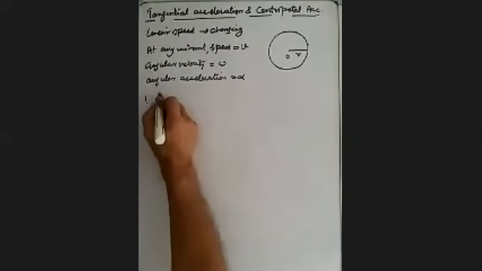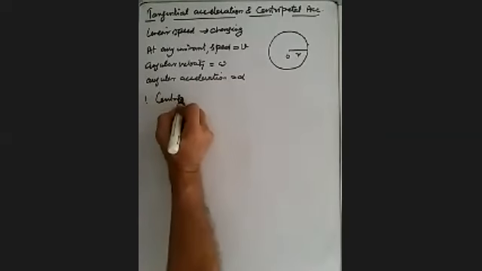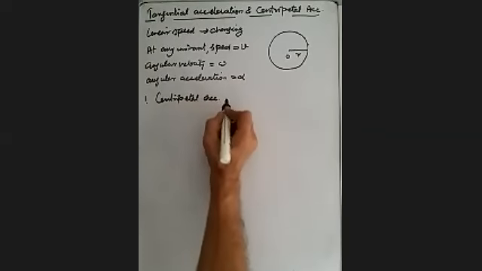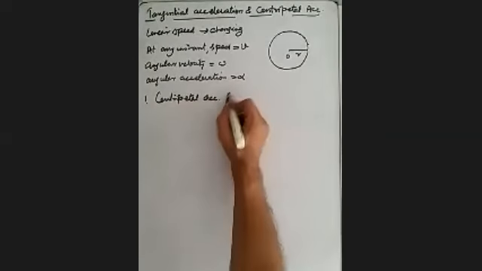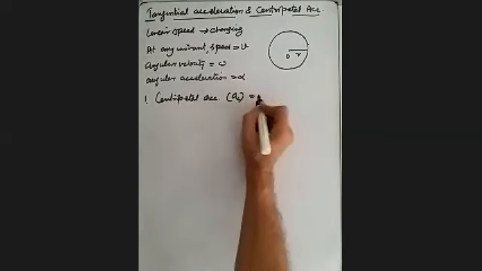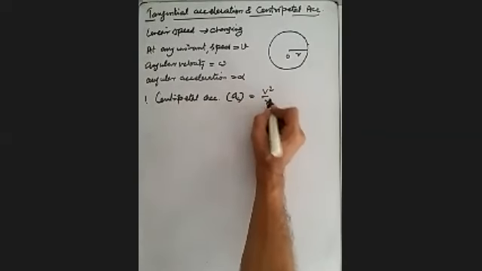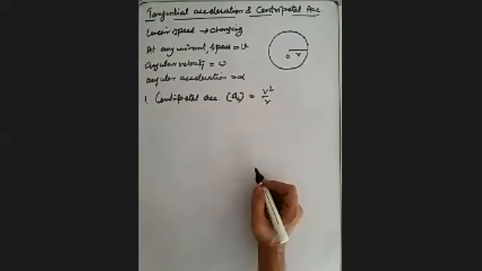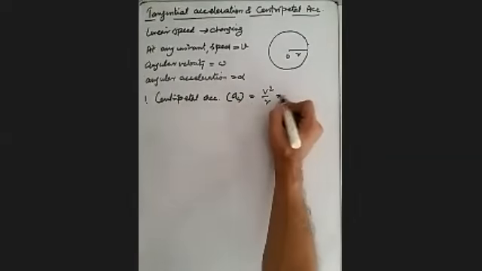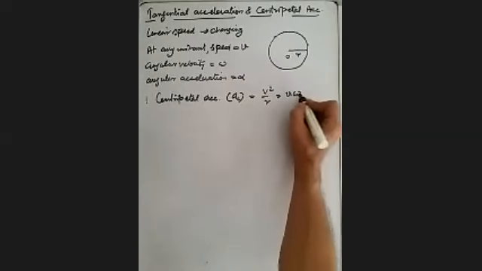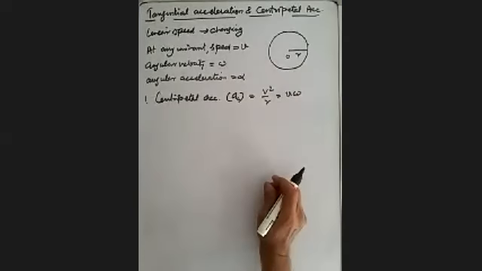Now the centripetal acceleration, which is represented by AC, is equal to v square upon r. We have already derived this expression, and this is also equal to v omega. This acceleration acts along the radius towards the center of the circular path.